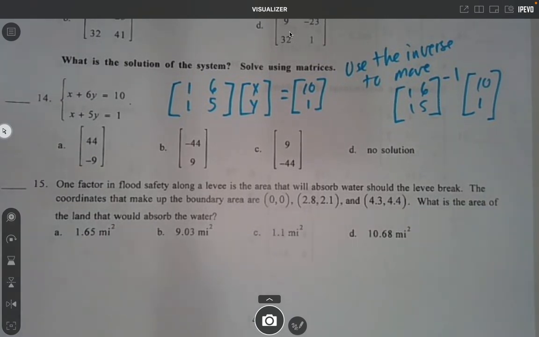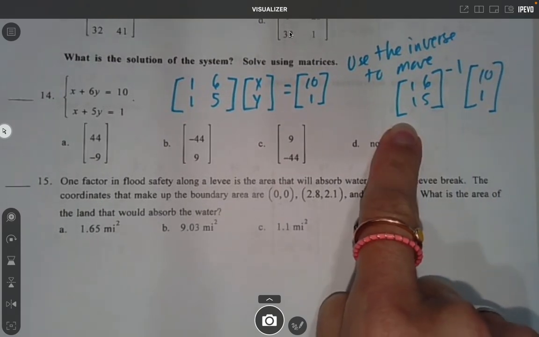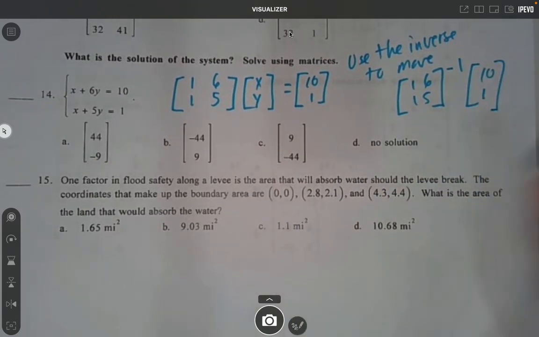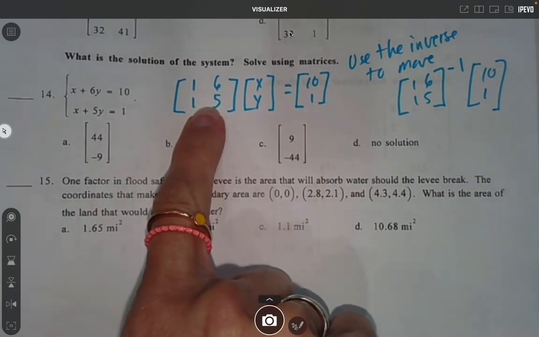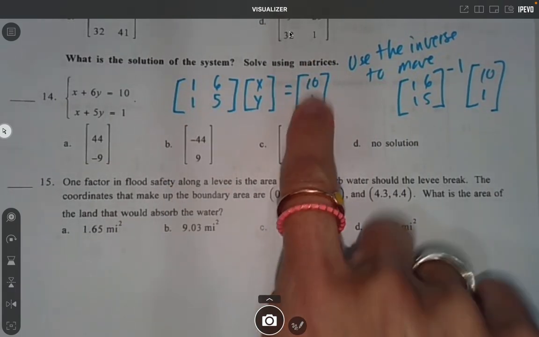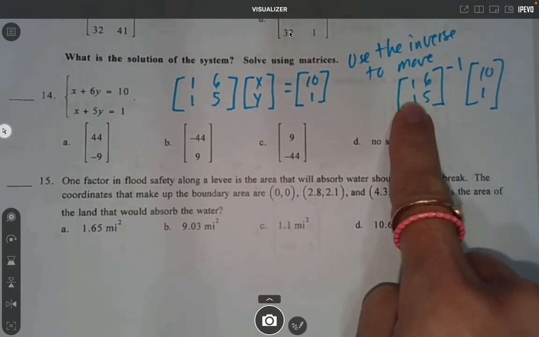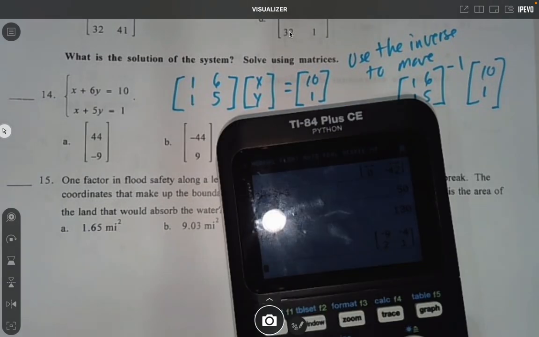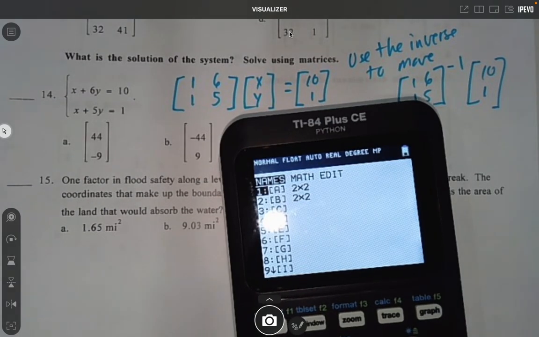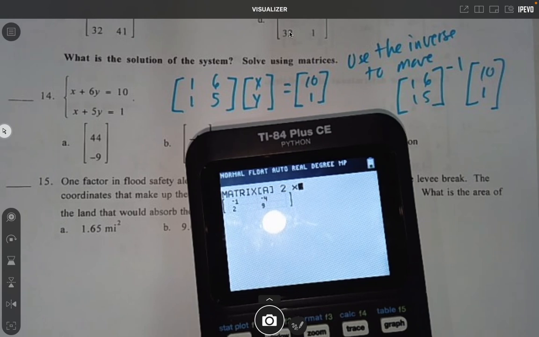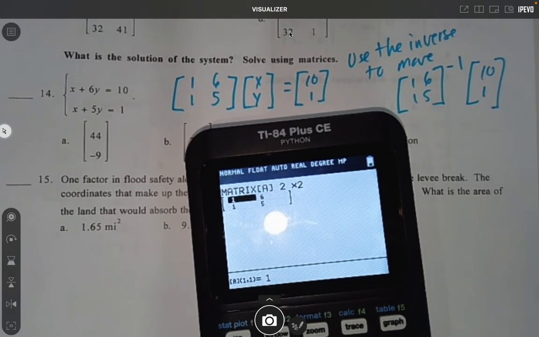Okay. So what I would do is type this one in my calculator. Don't worry about the whole inverse thing. We'll come back to that. Just type this matrix in and type this matrix in. And remember, we're going to have to use that one first. So let's go to second matrix again, edit. Basically a calculator test. 1, 6, 1, 5.